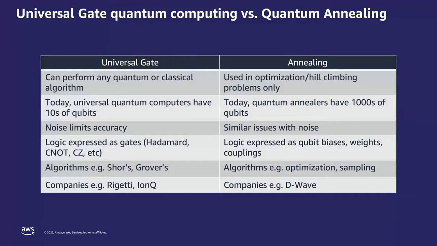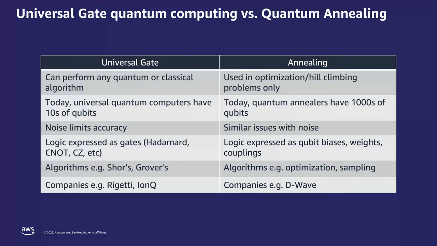Today, universal quantum computers have tens of qubits. We talk about tens, maybe 100 or so, maybe a little bit more. But annealers have thousands of qubits. Okay, so there's a big difference there. So why is that?